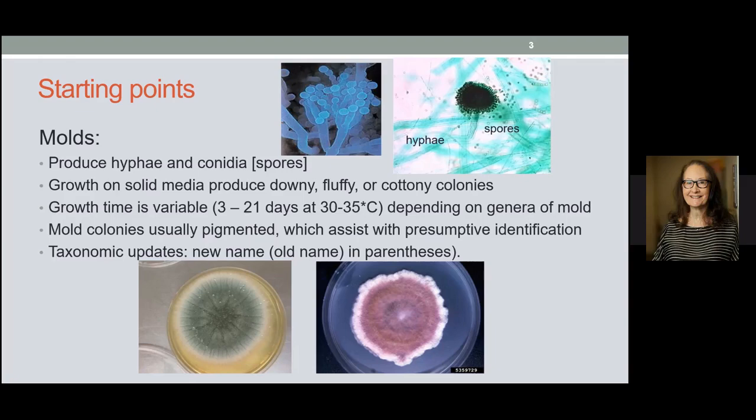Mold colonies are usually pigmented, which can assist with presumptive identification. As you see in the pictures below, one's green, one's purple. They can be very, very helpful in the presumptive ID. They've also gone through taxonomic updates, and I will put the new name first and then the old name in parentheses.